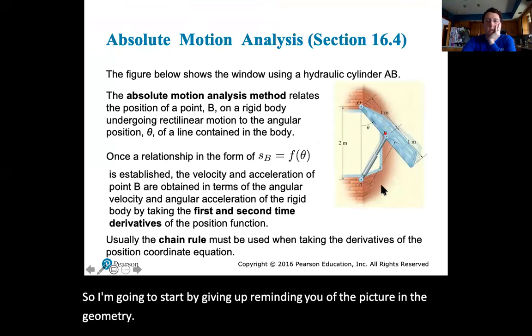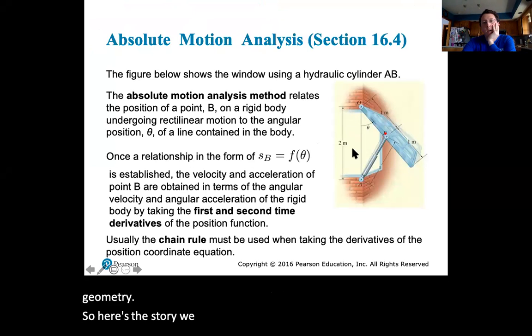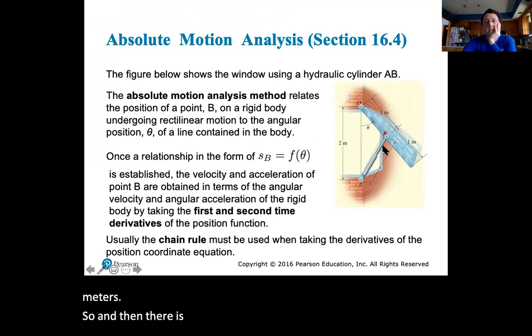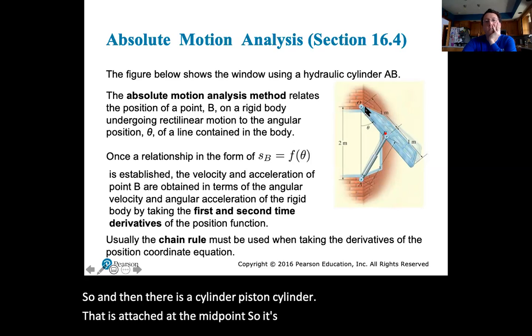So here's the story. We have a window. The height of the window is 2 meters. And then there is a cylinder, a piston cylinder, that is attached at the midpoint. So it's down 1 meter from the hinge on the window.